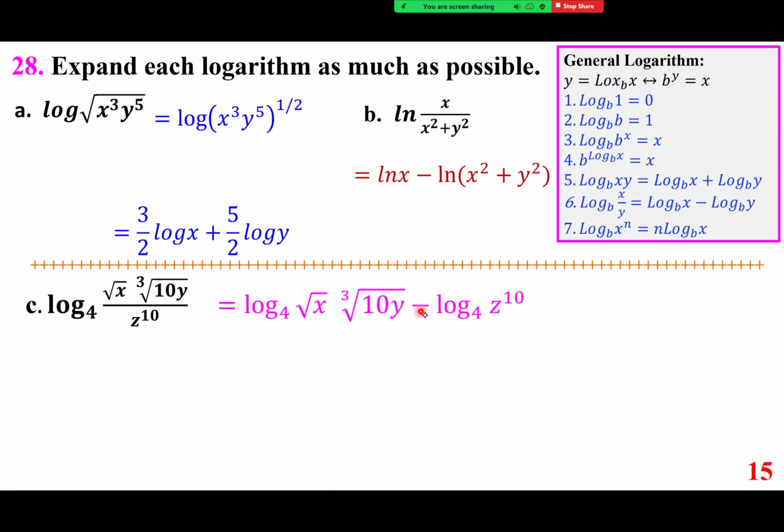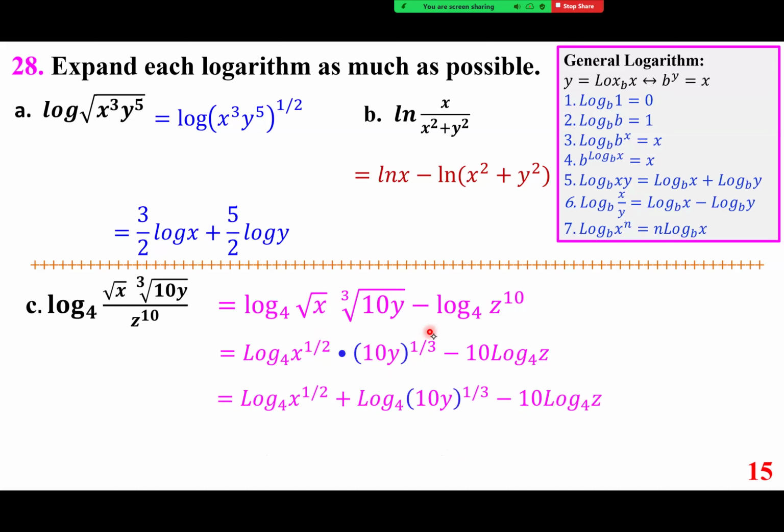And we can put the 10 in front here. We can separate these two into log base 4 of x to the power of 1/2 plus log of 10y base 4 to the power of 1/3. Now, clearly, 1/2 becomes the coefficient.